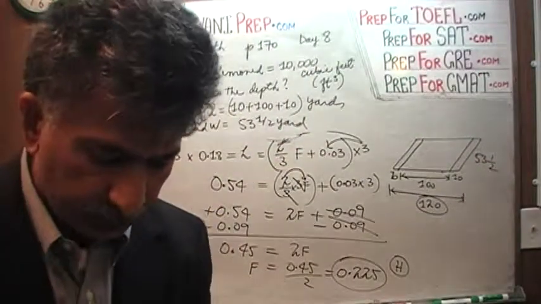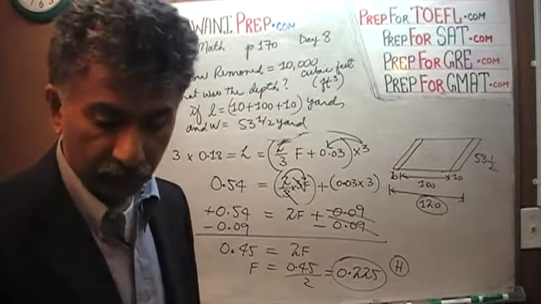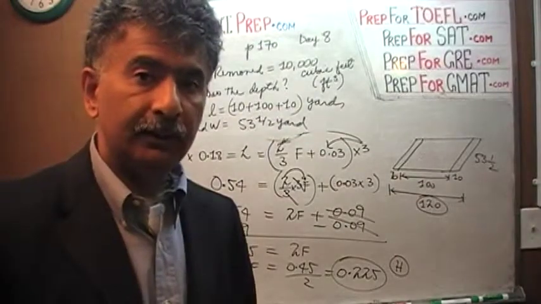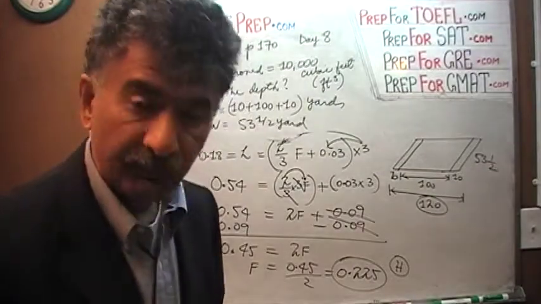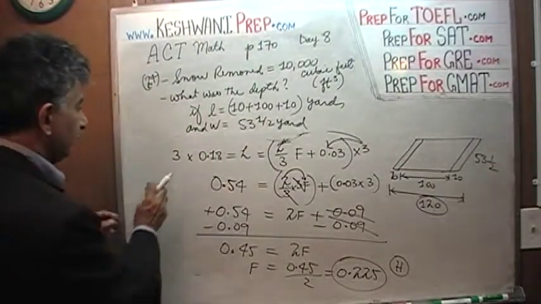The question is, how deep was the snow? How much snow did we receive, assuming that the snow is spread out evenly on the football field? Let's find out, okay? We need the room, obviously.